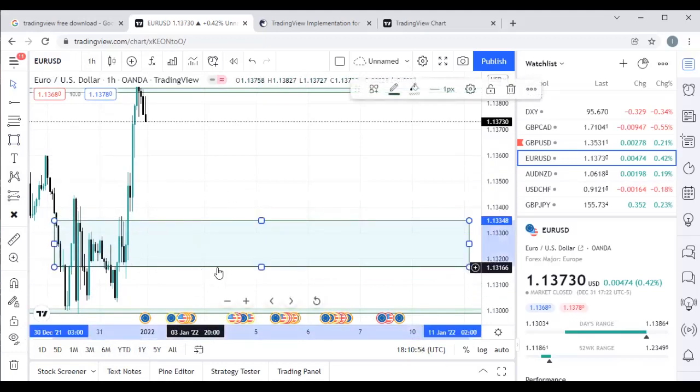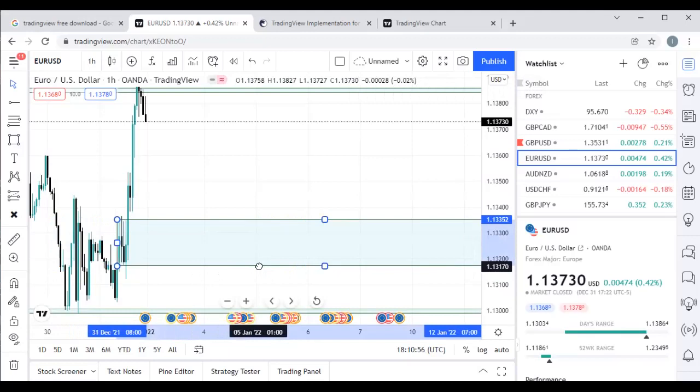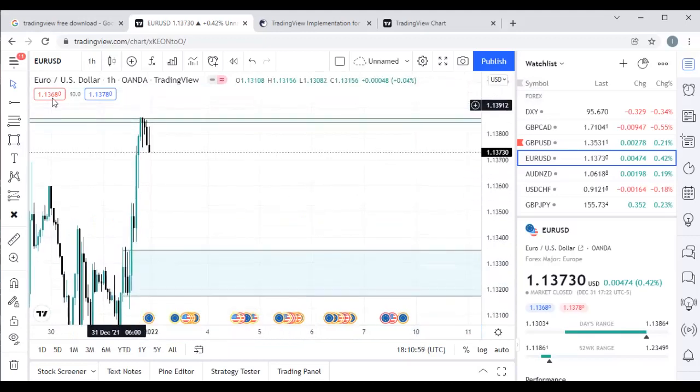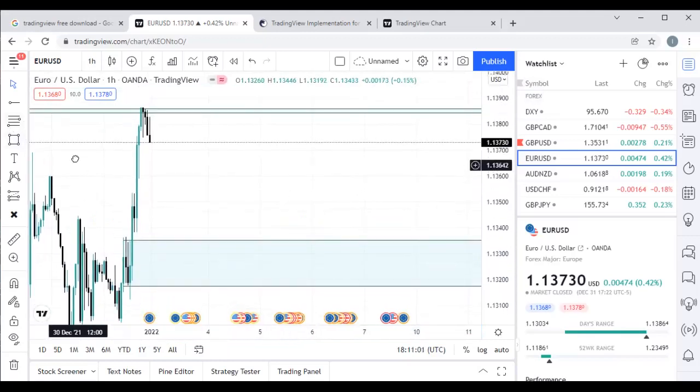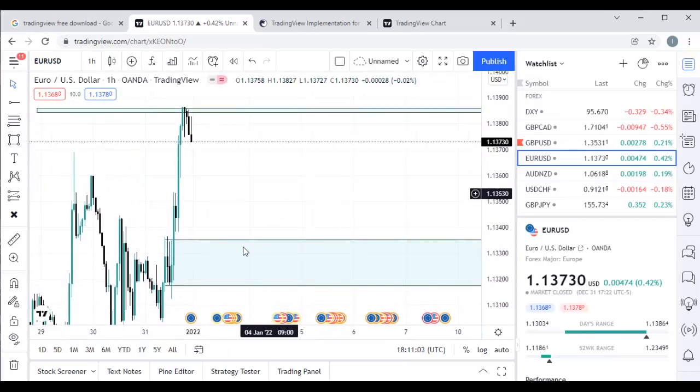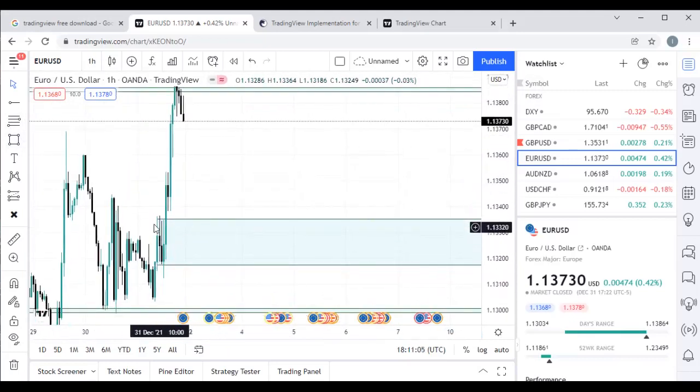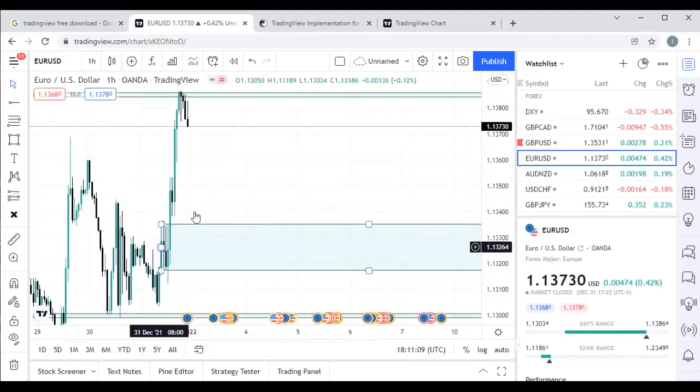I can then scale down to a lower time frame to refine this demand zone to give me a very good region to buy from and to set a very good stop loss.